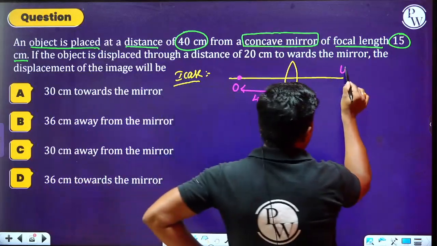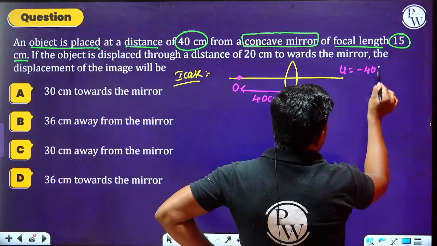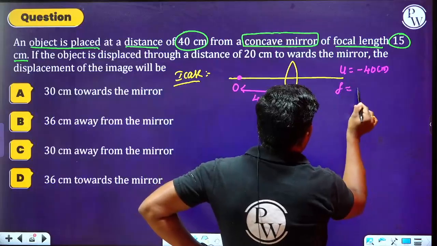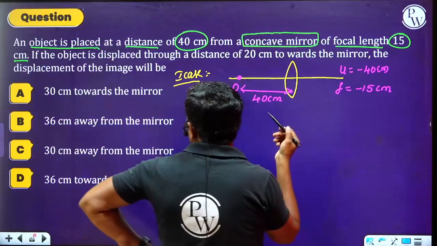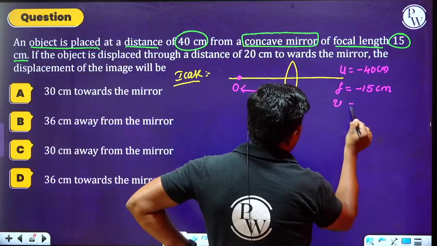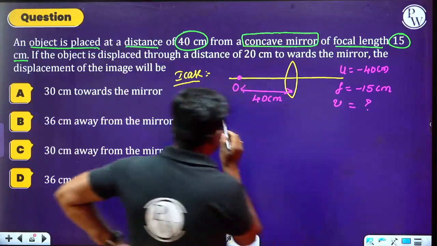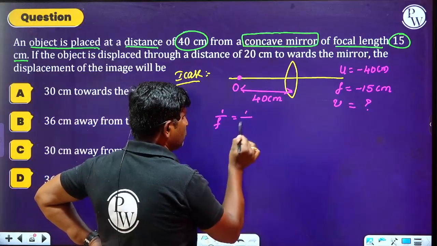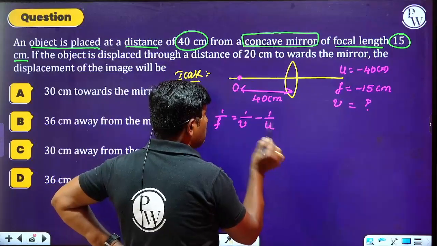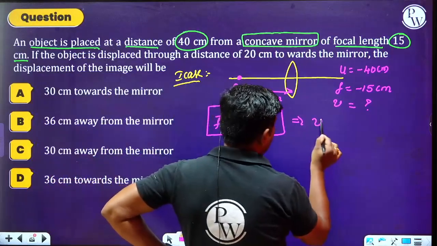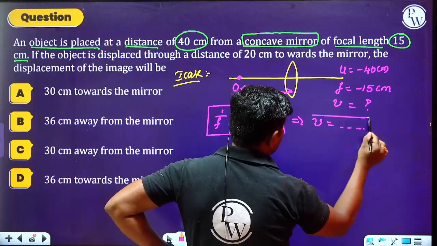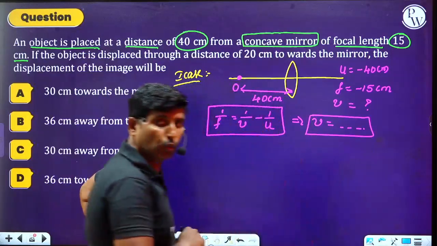Therefore, we can say u is equal to minus 40 centimeter, and focal length is equal to minus 15 centimeter. So calculate what is v. Use the relation 1 by f is equal to 1 by v plus 1 by u. We will get the v value. I hope we can do this.